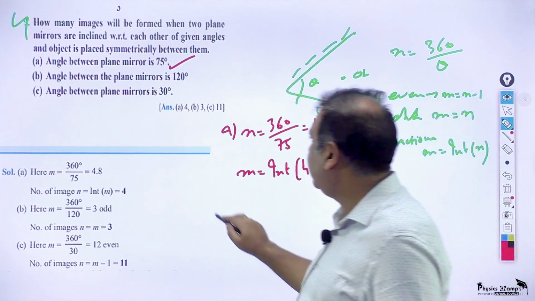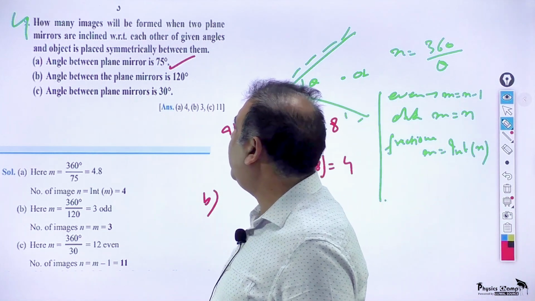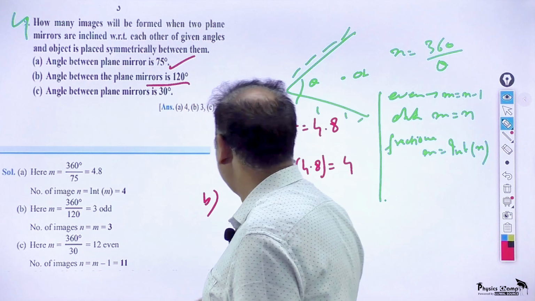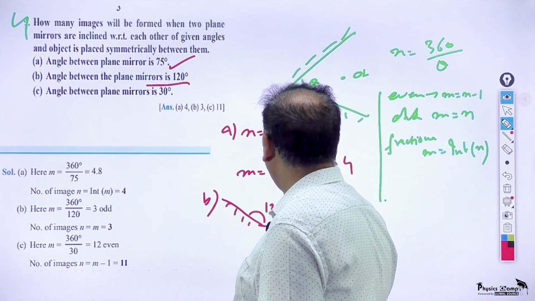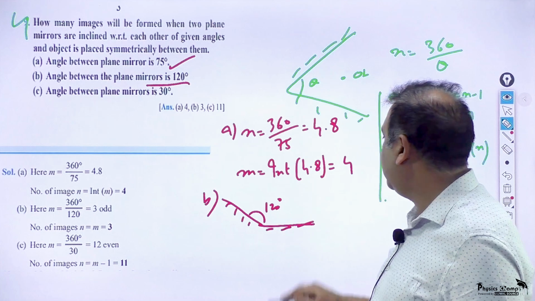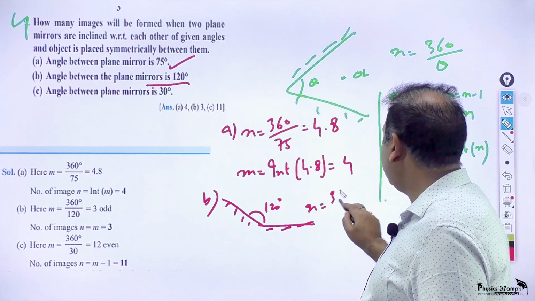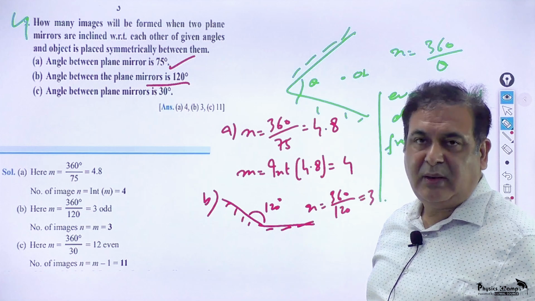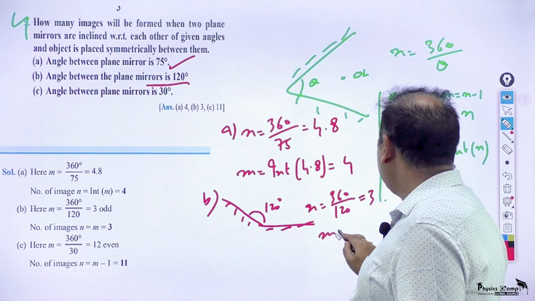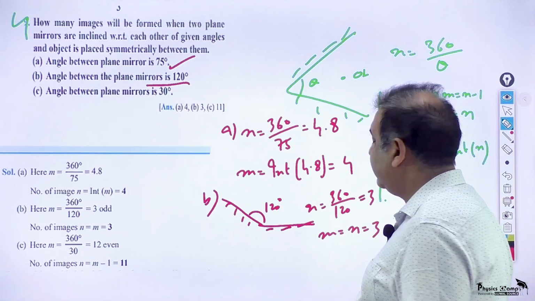Let's take B. Angle between the plane mirrors is 120 degree. So both the mirrors, they are having an angle of 120 degree. In that case, n is 360 by 120, that is 3. So ये odd है, so m is equal to n, which is 3.